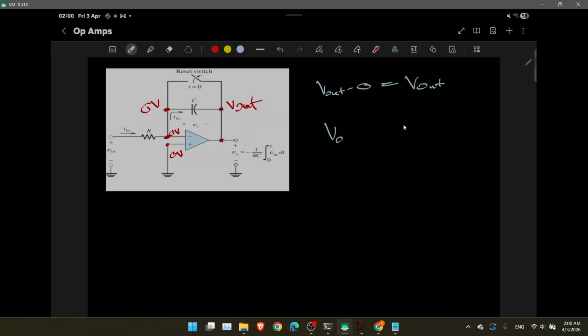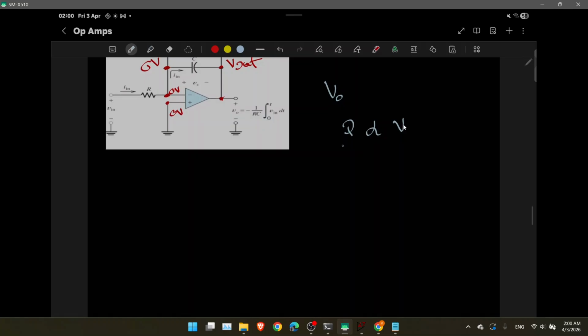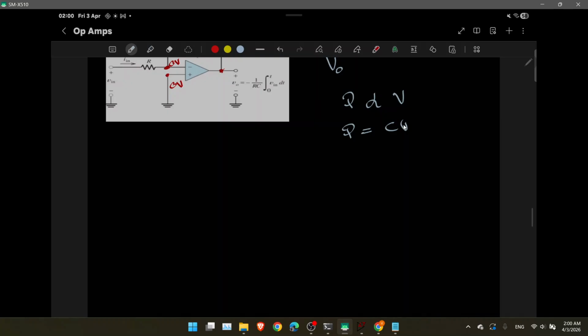From the characteristic equation of the capacitor, Q is proportional to the voltage. So simply Q equals C V, and in this context we get VO equals 1 over C times Q. That Q means the integration of the current over time.